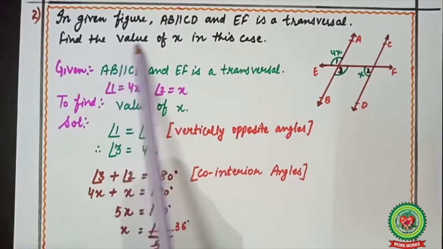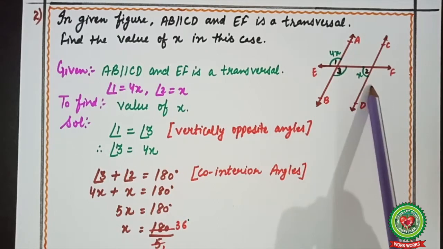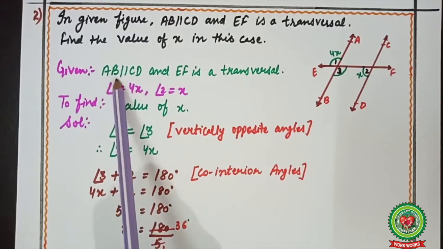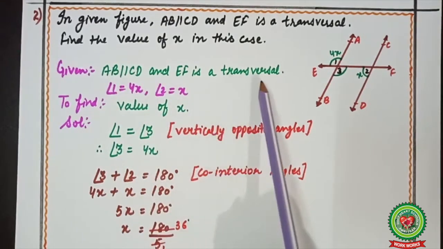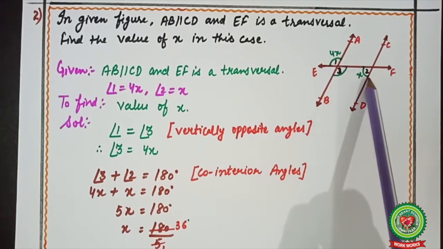We need to find the value of x in this figure, right? Now how will we start this question? By writing given: AB is parallel to CD and EF is a transversal. Now we will give numbering to the angles. So angle 1 is 4x and angle 2 is x.